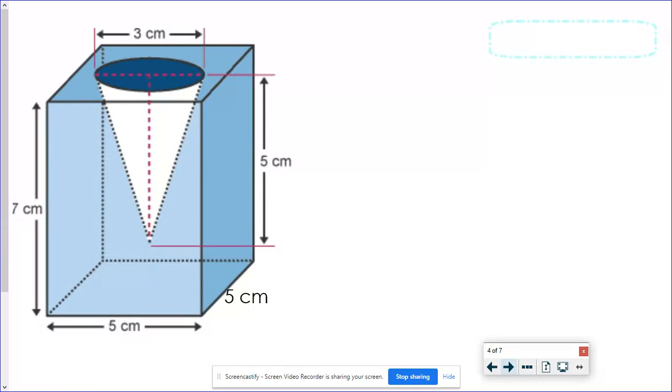Okay, this one is actually a rectangular prism, and I'm going to take out the cone that's in there. It looks like there's extra measurements in here. This 5 right here, we're going to talk about in just a second, but let's just start by talking about the prism, like the box.